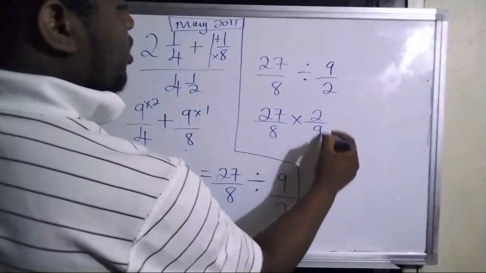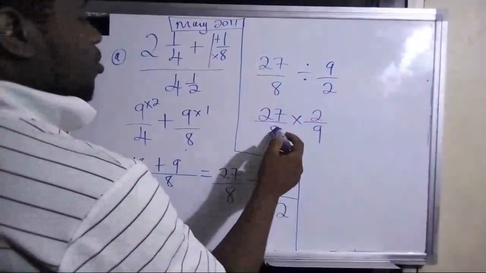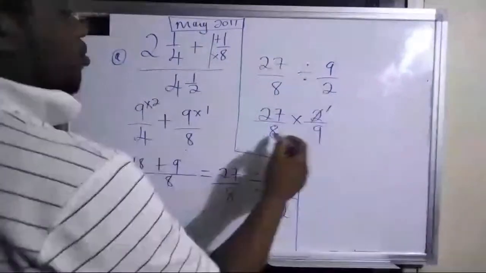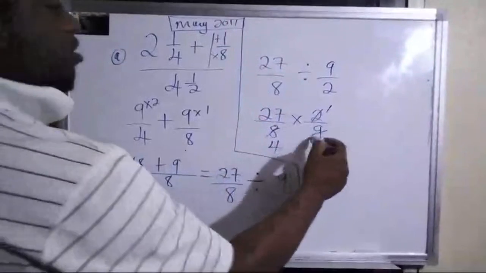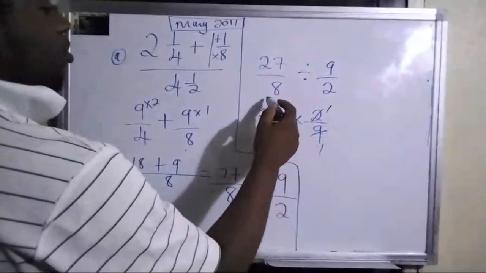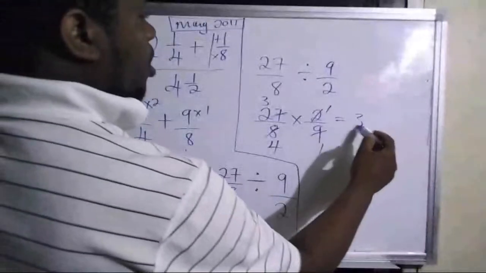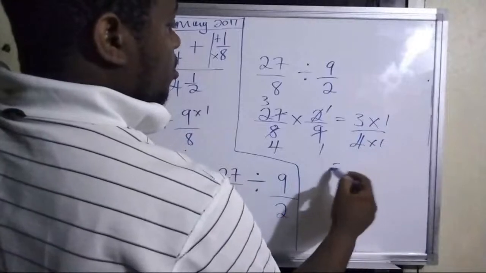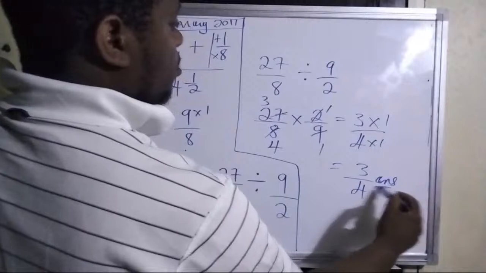So 2 over 9 now, not 9 over 2 again. And then we can divide. What number can go into 8 and 2? That will be 2. 2 into 2, 1. 2 into 8, 4. And we can do the same. 9 into 9, 1. 9 into 27, that's 3. So 3 times 1 and 4 times 1. So this would give us 3 quarters.